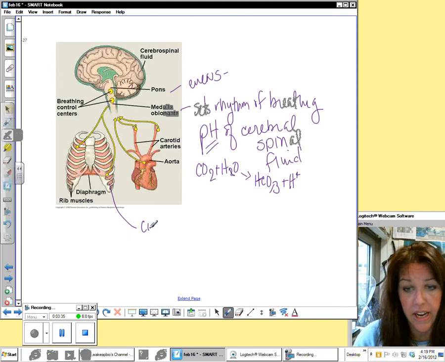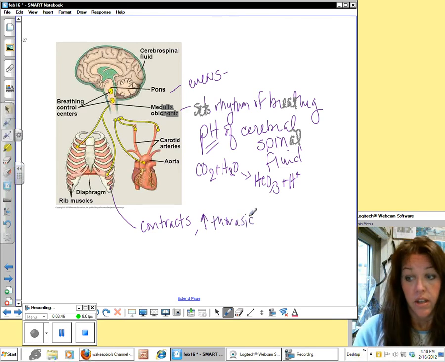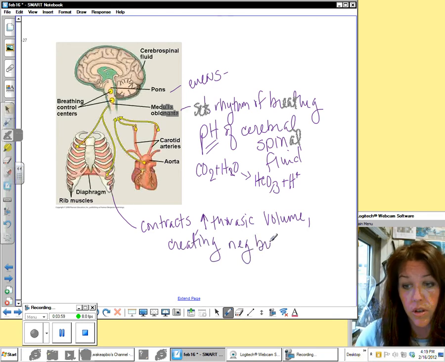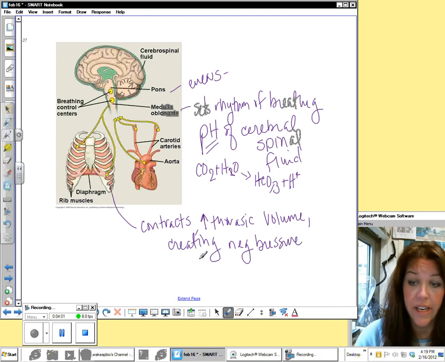Remember, if it contracts, that means you're increasing the thoracic volume. So you're creating negative pressure, and you know it as inhaling.